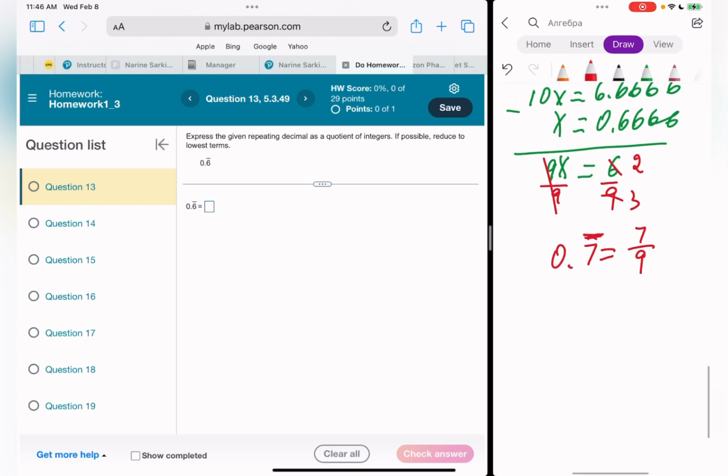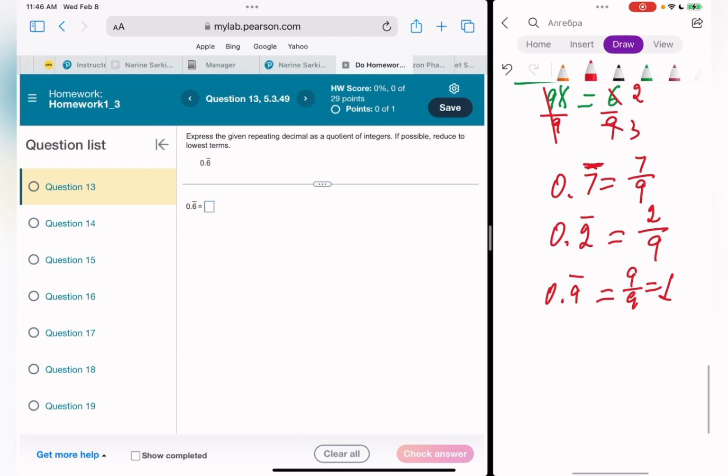If you have 0.2 repeating, you take this 2 and automatically divide by 9. If you have 0.9, you get 9 over 9, which is 1. If you have 0.6, just like our case, you take 6 over 9, divide by 3, and get 2 over 3. That's the shortcut.